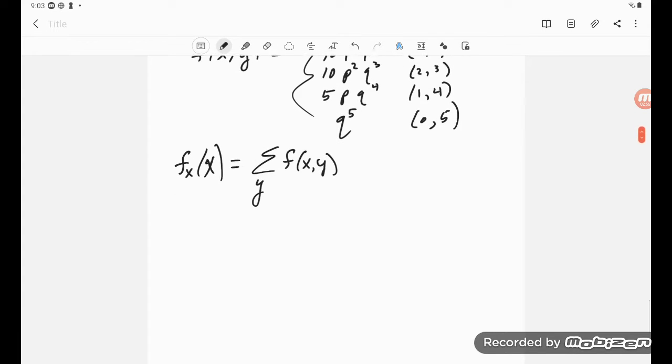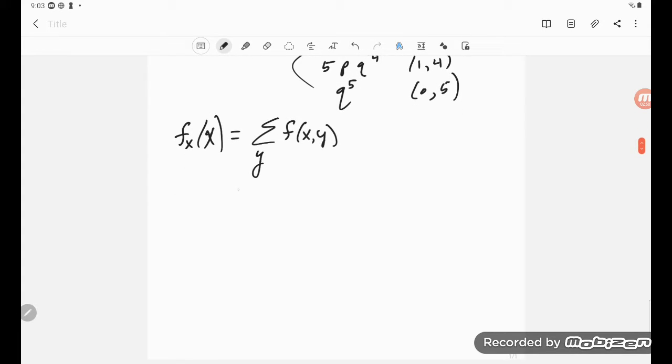And so more in particular, that would be the sum j equals 0 to 5 of f of x, comma, j.